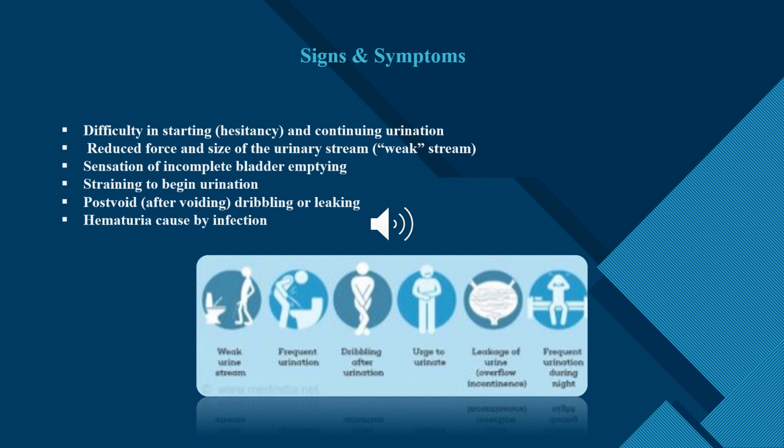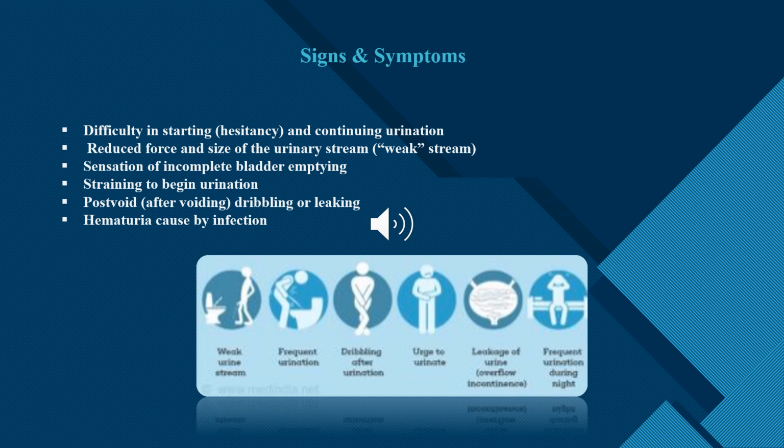Some of the signs and symptoms that you will find with the patient with BPH are difficulty in starting and continuing urination. So yes, they will have a difficult time trying to void. To determine the severity of the symptoms for a patient with BPH, the nurse most likely will ask about the force of the urinary stream.